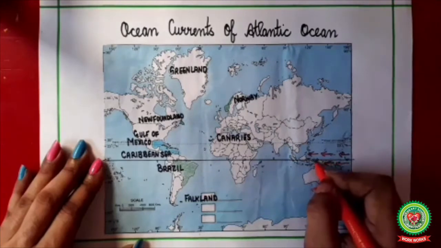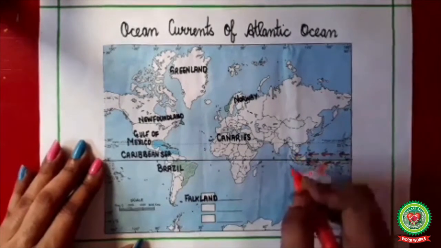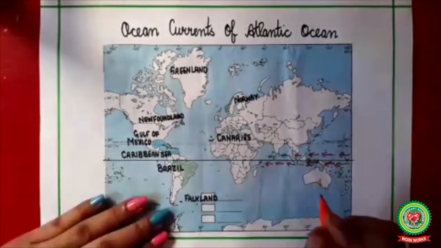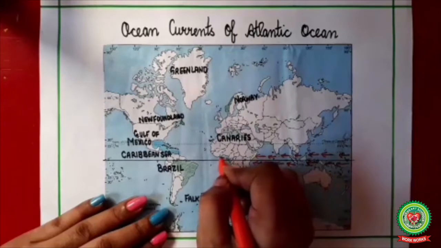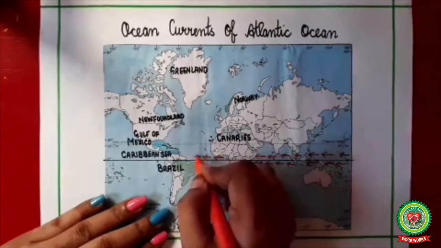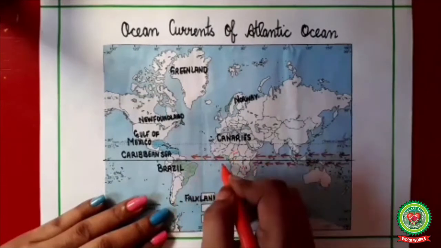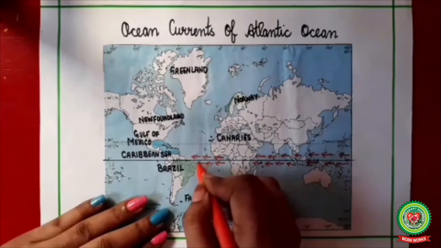So these ocean currents are called equatorial currents. They blow parallel to the equator throughout the world. So the first ocean currents we have in the Atlantic Ocean are the north equatorial current and the south equatorial current here.